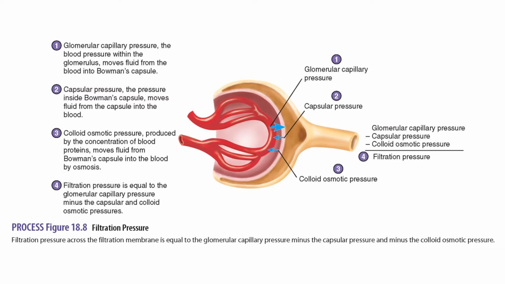The filtration pressure across the filtration membrane is equal to the glomerular capillary pressure minus the capsular pressure and minus the colloid osmotic pressure. So as you see, the glomerular capillary pressure here, and then this is the capsular and the colloid pressure. That's how your filtration pressure is computed.